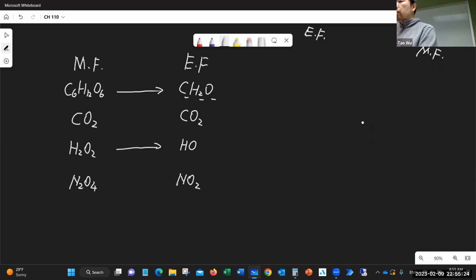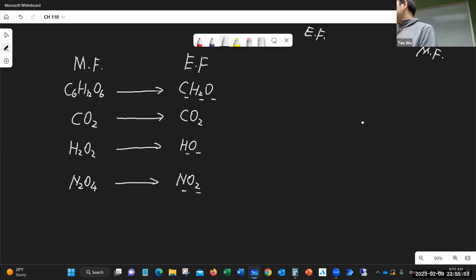Hydrogen peroxide is doing the same thing, and N2O4 is also simplified. Then why does CO2 still have CO2 as the empirical formula? Because it's already simplified. This is a 1:2 ratio between carbon and oxygen, so this is also 1:2, and 1:2 cannot be simplified.